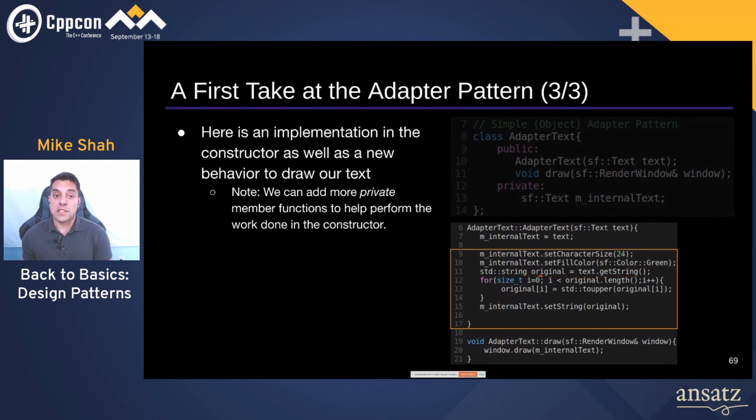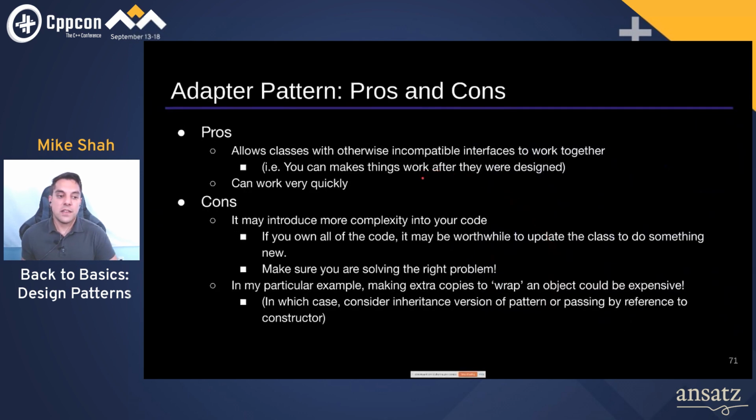That was a little bit hidden, but I made it work so I could grab each of the characters, make them uppercase, and then in my new object, set the string on the internal object. Overall, this can also work very quickly. This idea of the adapter, wrapping a class and adding just a little tiny piece of functionality if you just need a small piece like we did.